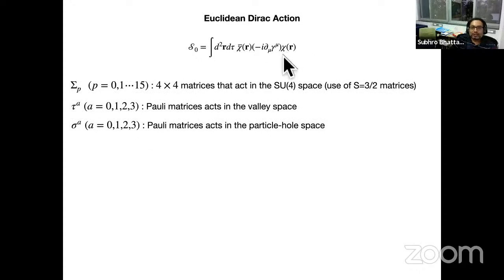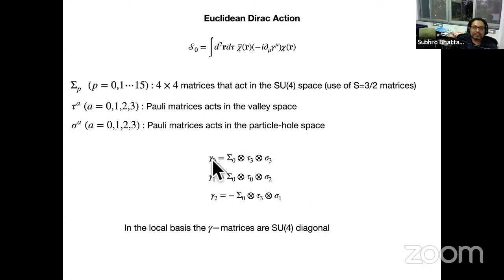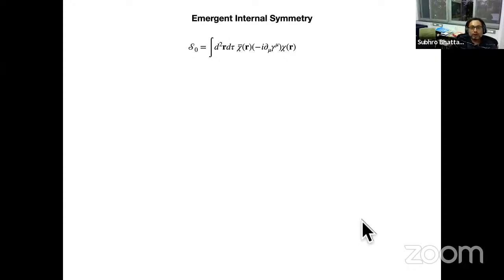So we can cast this low energy theory at this point somewhat similar to graphene, but we have these gamma matrices, or the Clifford algebra, which has a higher dimensional representation. And in this basis, this SU4 is all identity, so it's manifestly SU4 diagonal. Good. So that being the free theory, we can ask what the symmetry is.